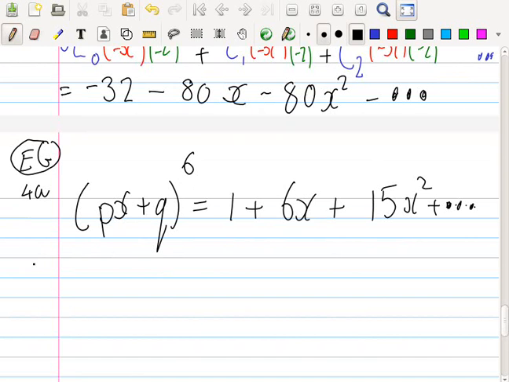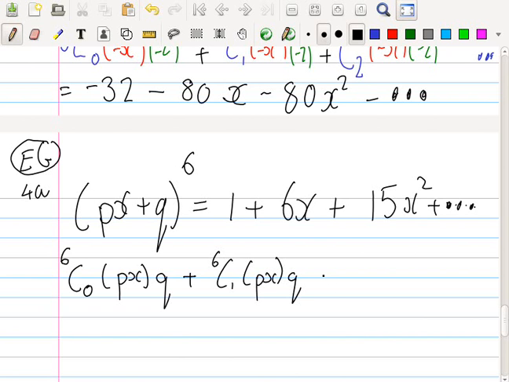So we have here 6C0 (px)^0 q^6 plus 6C1 px q^5 plus 6C2 px q^4, dot, dot, dot, equals this here.